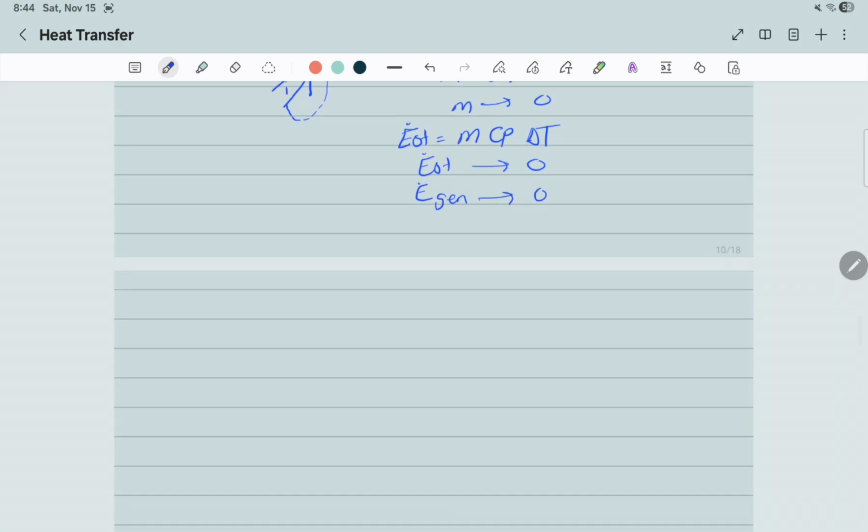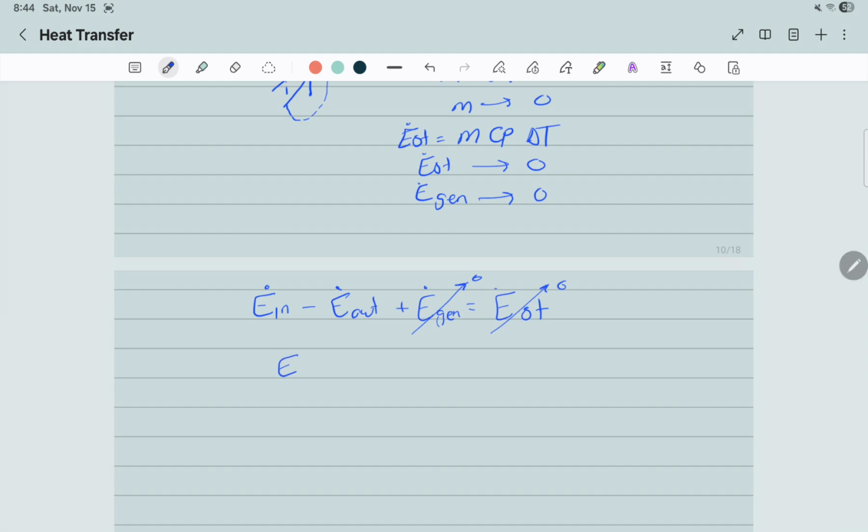So, if we write down the energy balance of a control volume that we found on top, which is energy in minus energy out plus energy being generated equals the rate of energy stored, automatically we can cancel these two terms, because when dealing with a surface, these two terms do not exist.